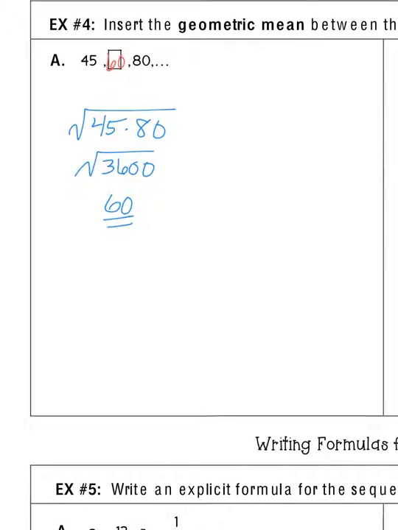Now you could find your common ratio and just double check it. So if you took 60 and divided it by 45, that is 1 1/3, so it's 4/3. So if you took this and multiplied by 4/3, you would get this, and this by 4/3, you would get this. And so it's just a way to check. All right, so that was pretty simple.